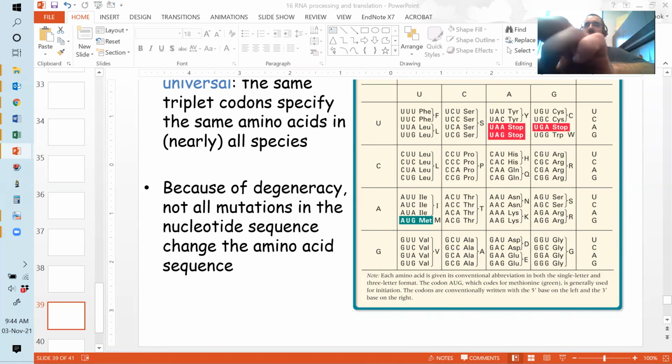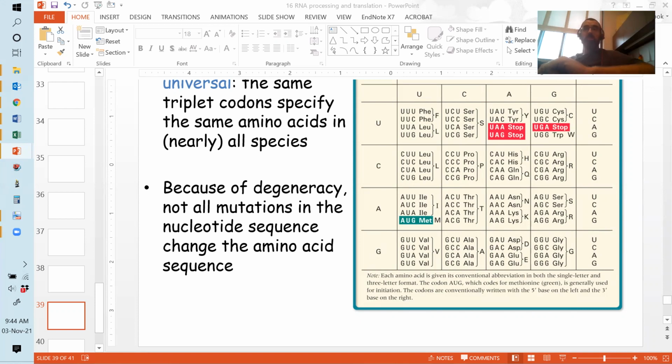So frame shift mutations result in a nonsense protein at least, and usually a new stop codon and a truncated protein, both of which equal no function, right?